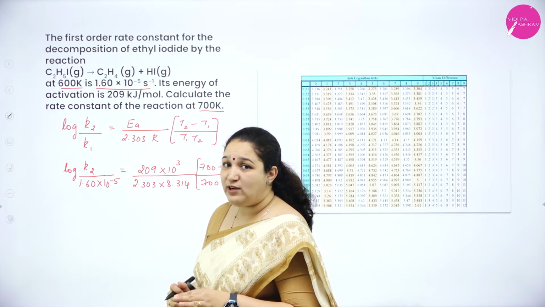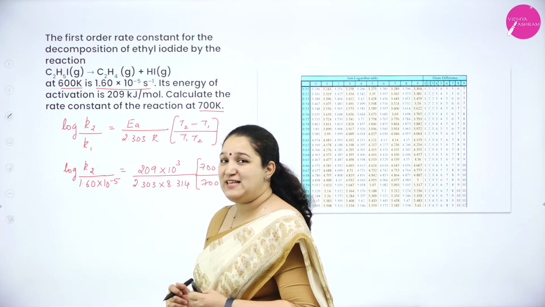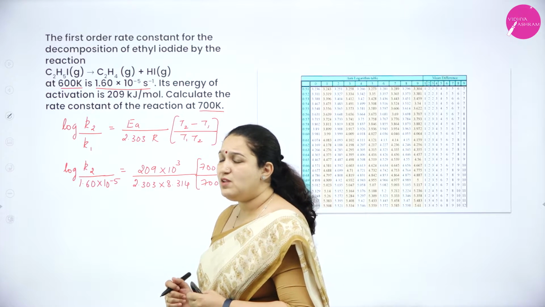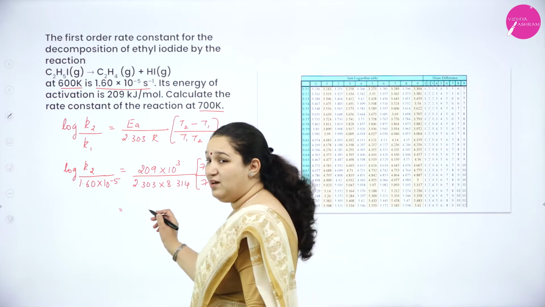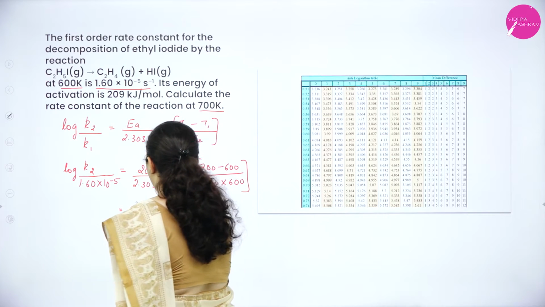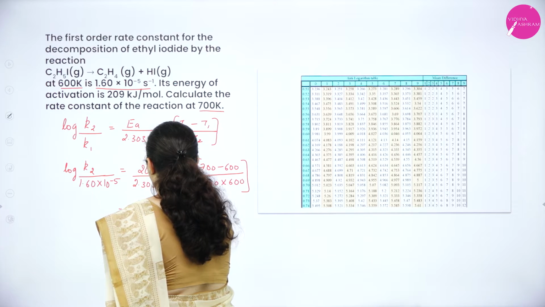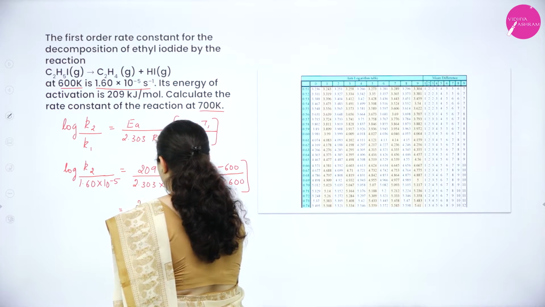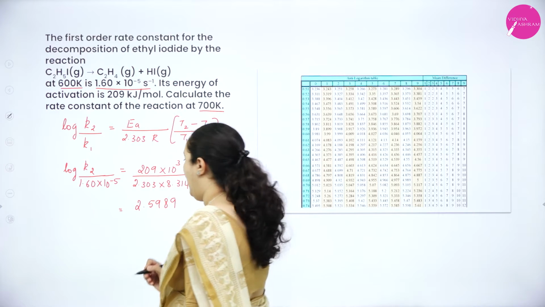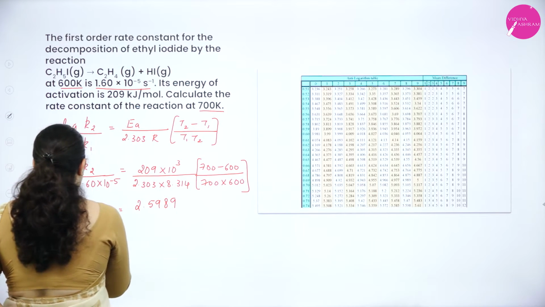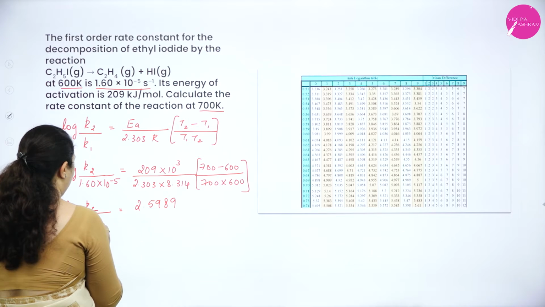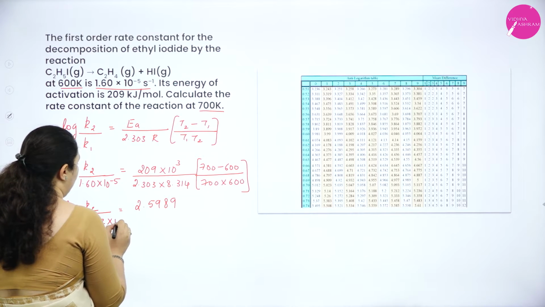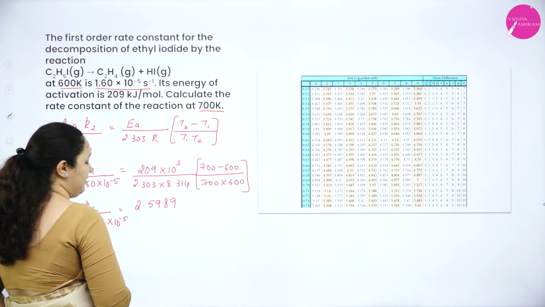So how to find out anti-log? I shall explain. Okay, so what is the answer which you are going to get over here? Here you will get 2.5989, isn't it? And here this will be log K2 by 1.60 into 10 to the power minus 5.